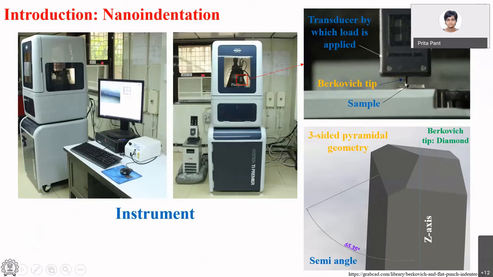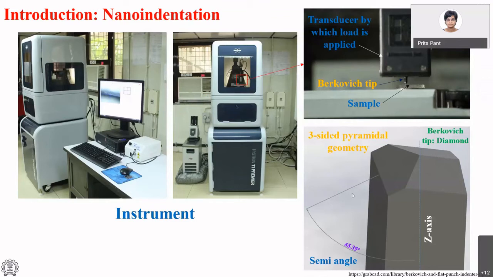So what you label here as Berkovich tip, that's the diamond tip with which we indent. This is our sample, you see a glass piece. This could be a quad sample, and this is a transducer. This does all the load and displacement measurements.